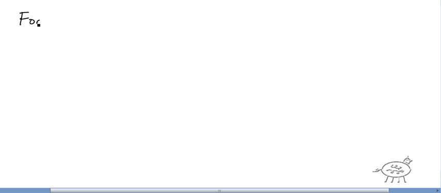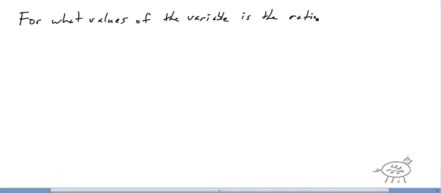It's going to say, for what values of the variable is the rational expression undefined. Okay, it's specifically going to ask that. Where is it undefined? At what values?